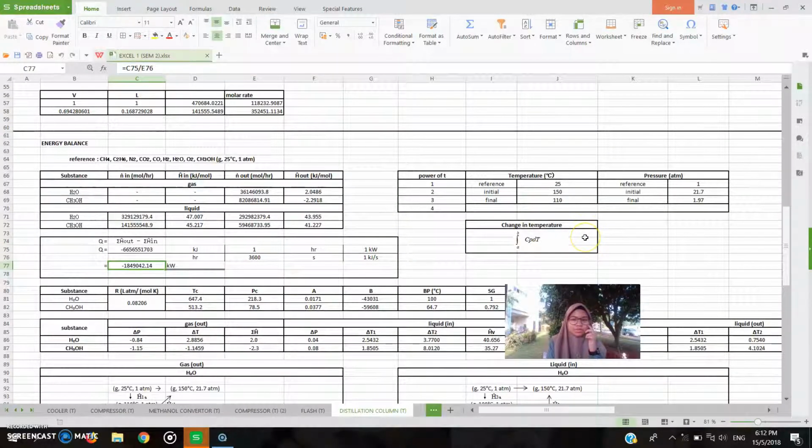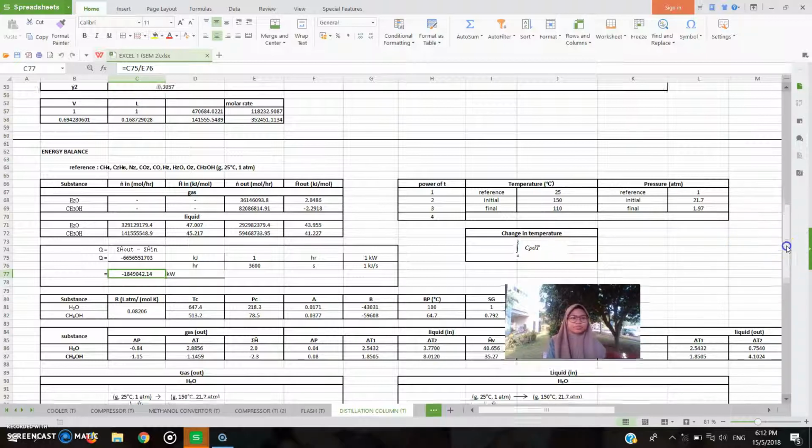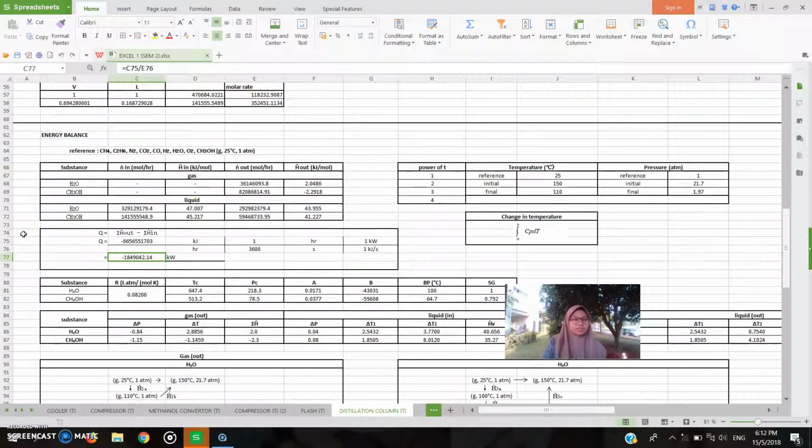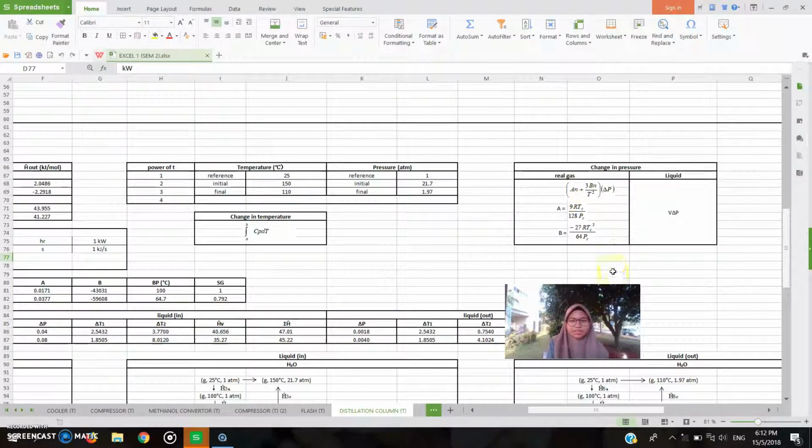Okay, now we are going to move on to the distillation column. For the distillation column, all of the references are from table B2 and table B8. Only water and methanol are calculated since all of the impurities are absorbed in water. We calculate the change in temperature by using Cp dT and the change in pressure by using the AN plus 3BN over T squared times the change of pressure formula.